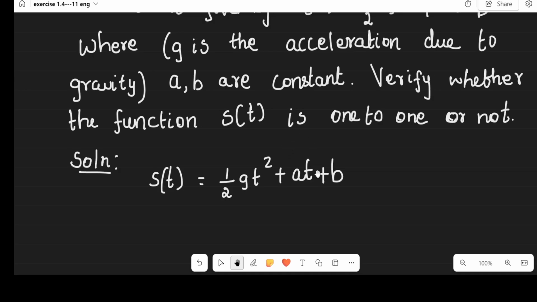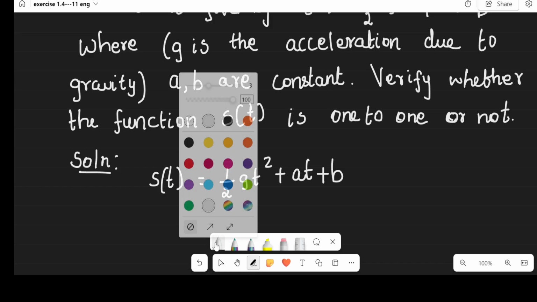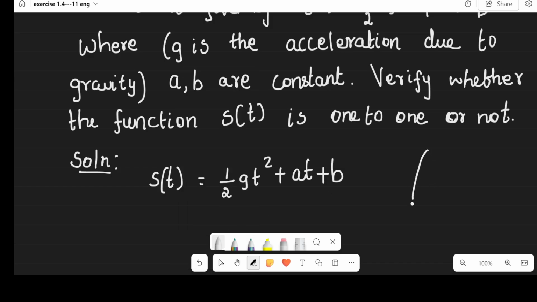Before starting this problem solution, we need to know what is 1 to 1 function. As we discussed in previous videos, 1 to 1 function is nothing but if you are considering two sets, A and B, okay.